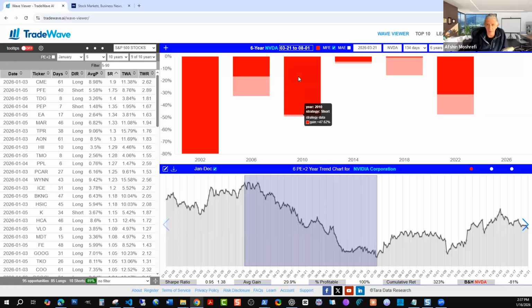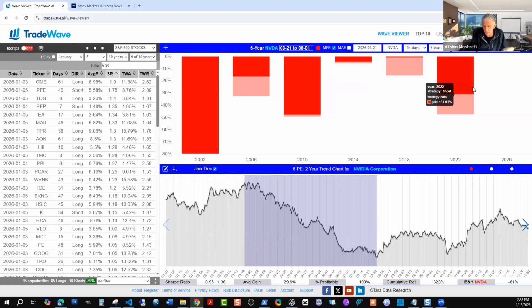2010, they were an AI company. They dropped 47%. 2014, small drop, 4.15% and 1.45. So really, 6% was the maximum move down. They dropped another 15%, but closed down only less than 1%.